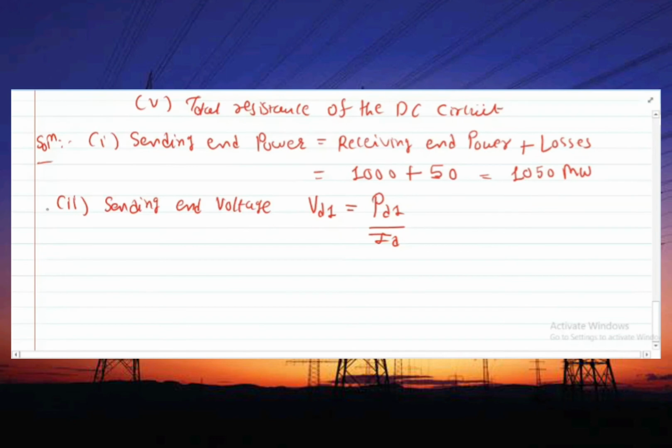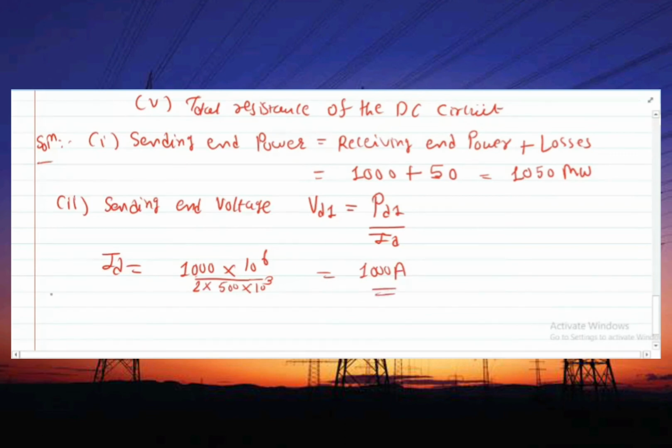So you can calculate the DC current: the receiving power is given, it is 1000 megawatt, so 1000 into 10 to the 6, and it is a bipolar link, so you have two terminals, so multiplied by 2, and the rating is 500 kV. So you use 2 into 500 into 10 to the 3, and you get the value of DC current, which is 1000 ampere.